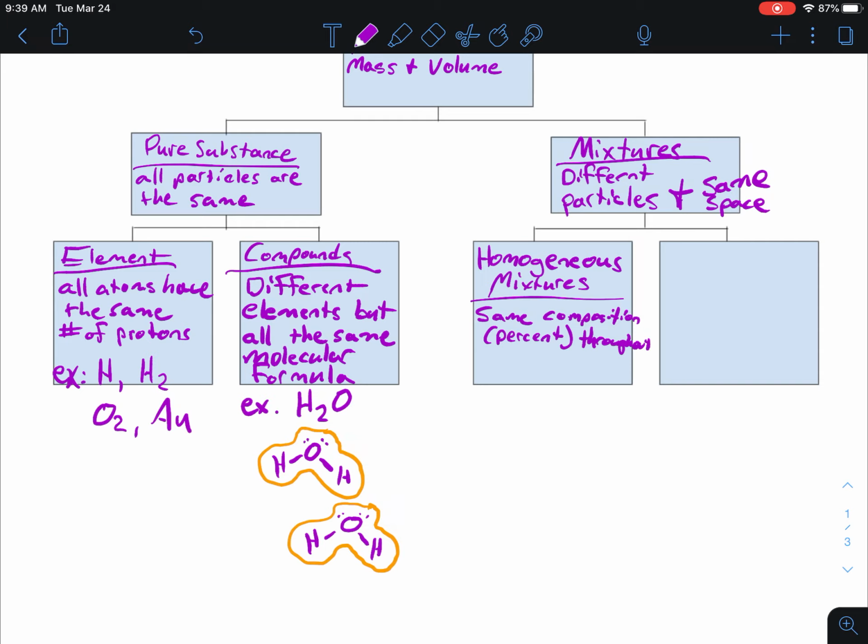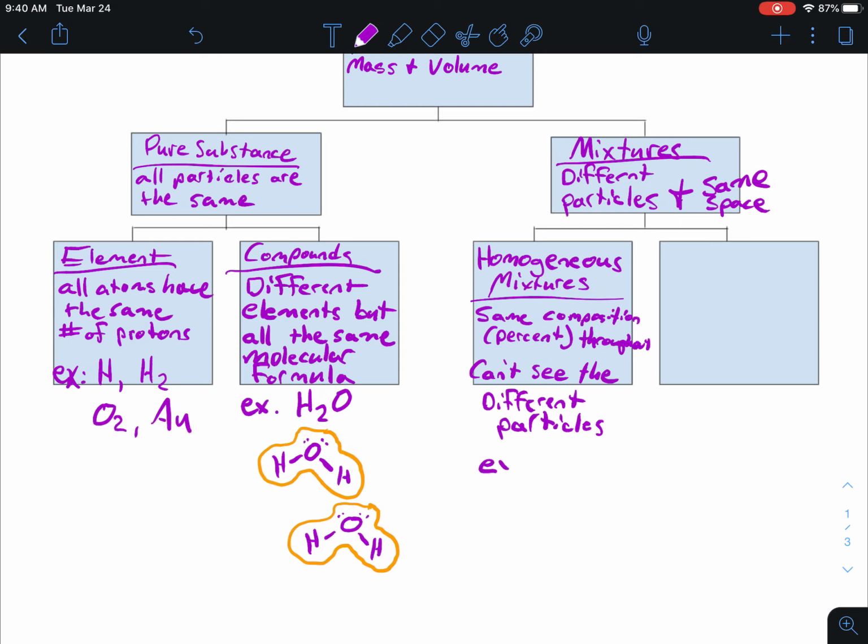It is mixed so well because it's evenly distributed throughout the mixture. You can't actually see the different particles. If you remember back to biology, this is the word solutions. Use solutions for homogeneous mixtures.